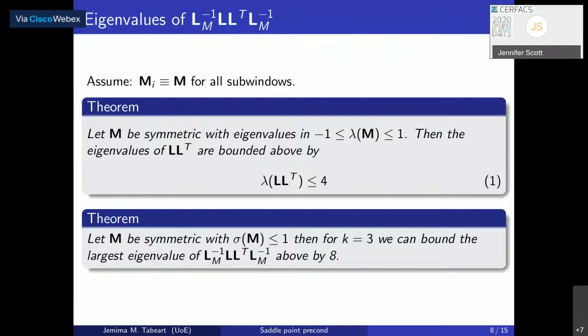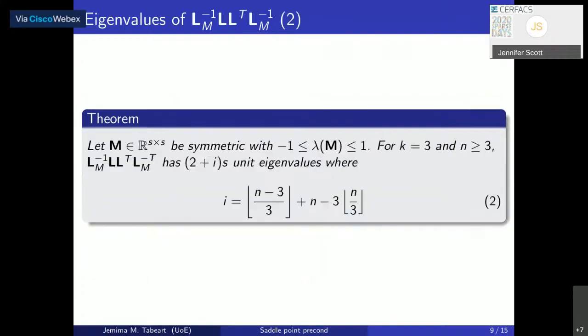What about the rest of the eigenvalues? And so the good news is that with my new preconditioner, because I'm actually including model information, I'm going to have lots of eigenvalues that are actually the identity, and we can say a priori how many unit eigenvalues we expect. So this is a slightly more complicated expression, and it depends on S, the size of M. So again, M is symmetric and has these constraints on the eigenvalues.